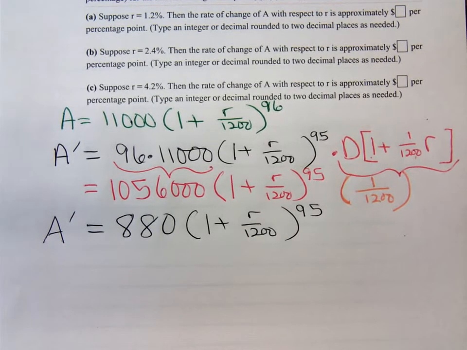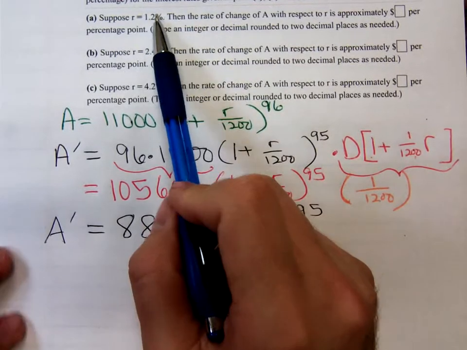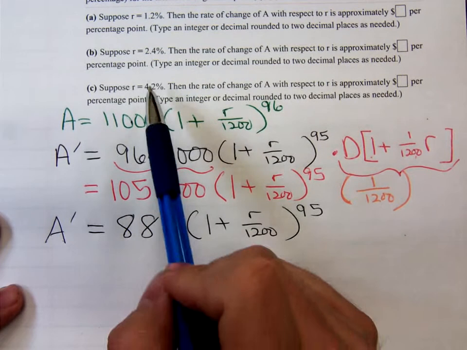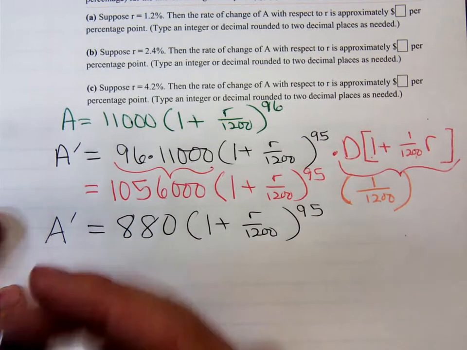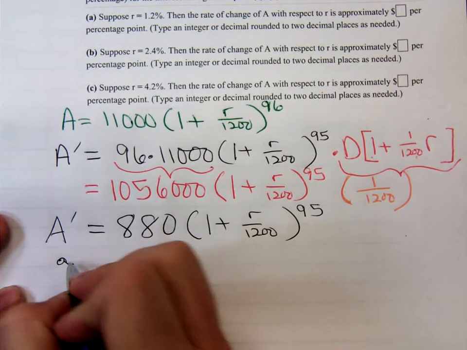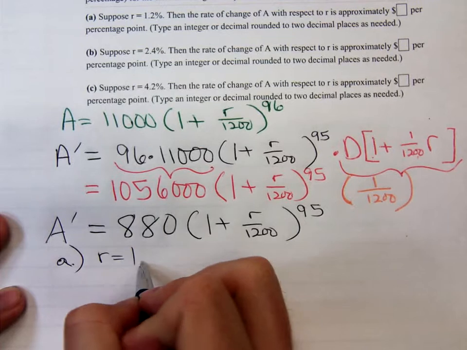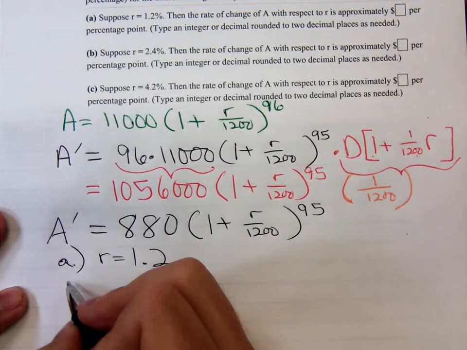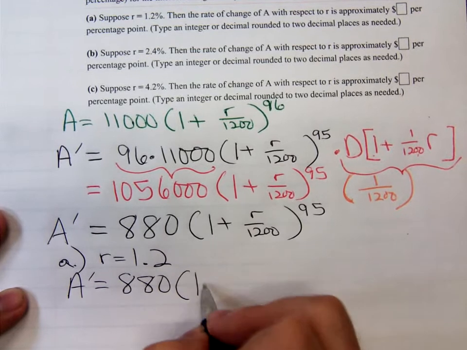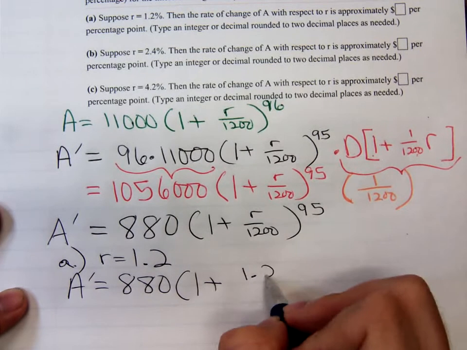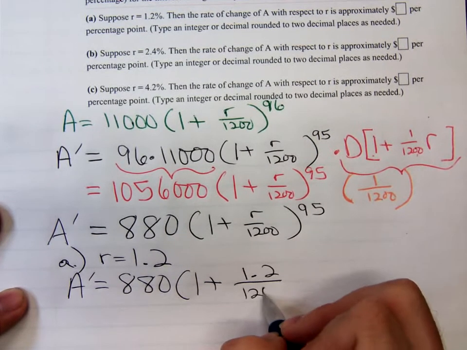And we're not through with the problem. What do we need to do now? Plug in the numbers. Plug in 1.2, 2.4, and 4.2. So now plug in 1.2 to give us A prime equals 880 times 1 plus 1.2 over 1200 to the 95th power.